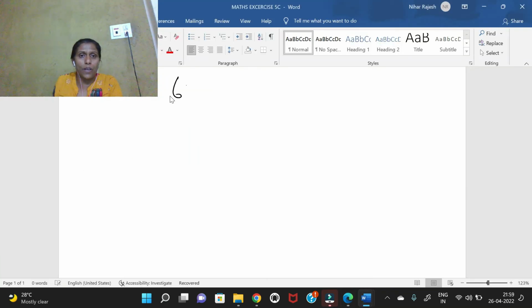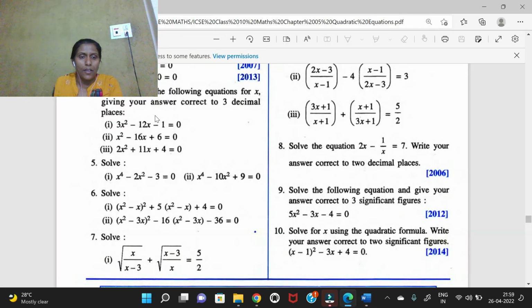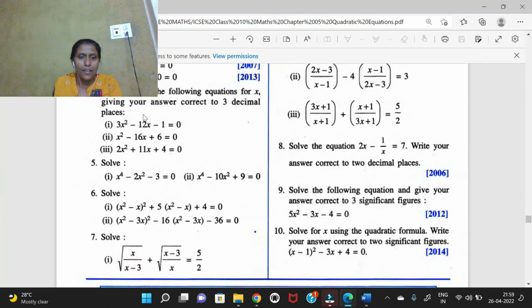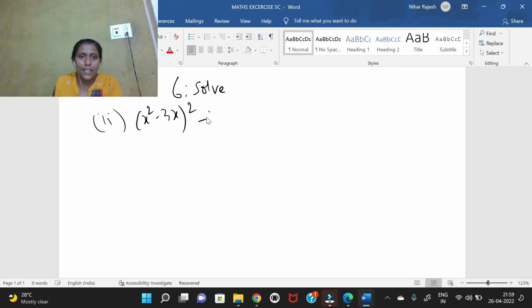In the sixth one, solve, we have x square minus 3x whole square, then minus 16 of x square minus 3x minus 36 equal to 0.